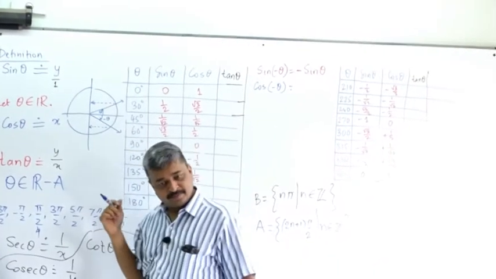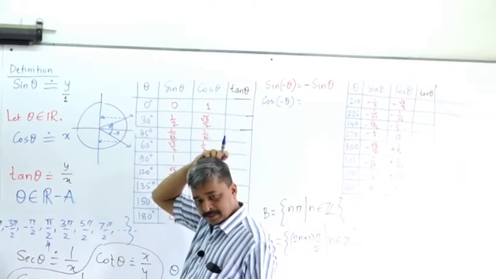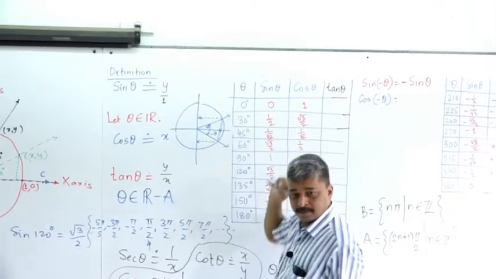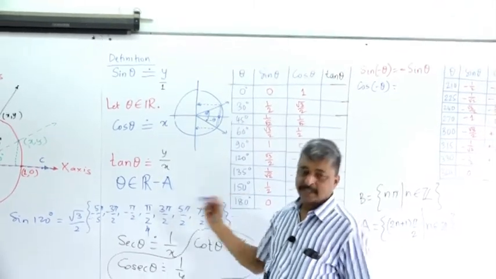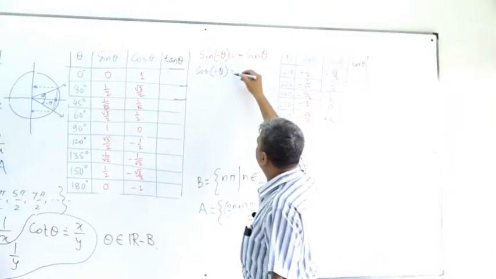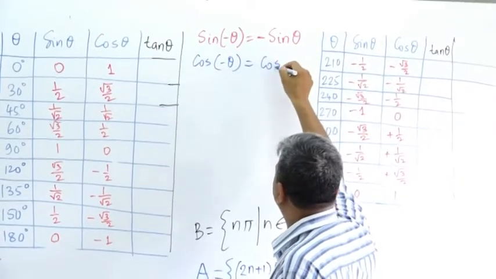Cos of the opposite of theta is equal to cos theta. Why? This is theta. This is cos theta. Cos of the opposite of theta doesn't matter, it is cos theta.